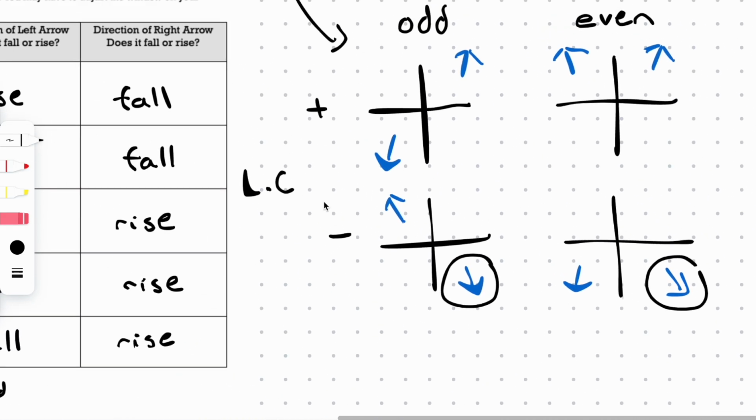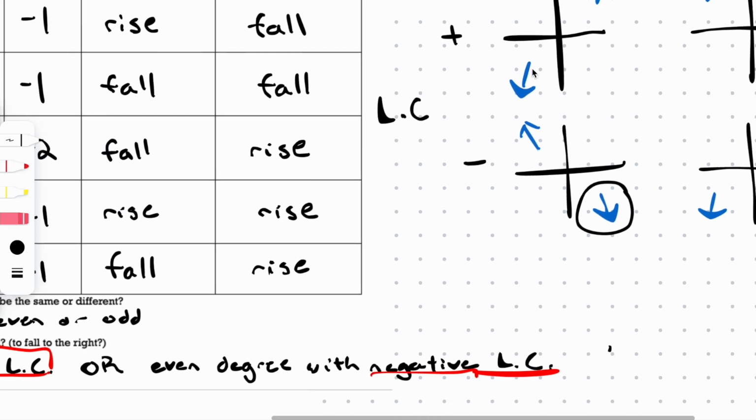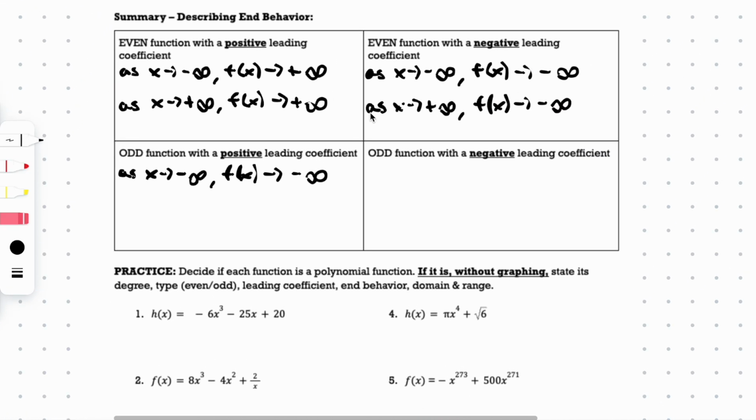Now, our right side, as x approaches positive infinity and goes in this direction, what happens to our y? Our y keeps on going up, approaches positive infinity too. So we have, as x approaches positive infinity, f of x approaches positive infinity.